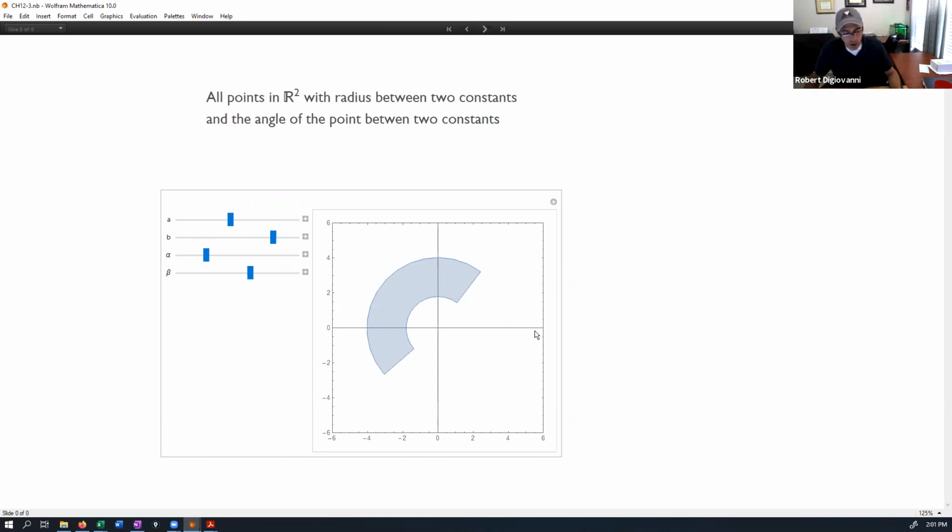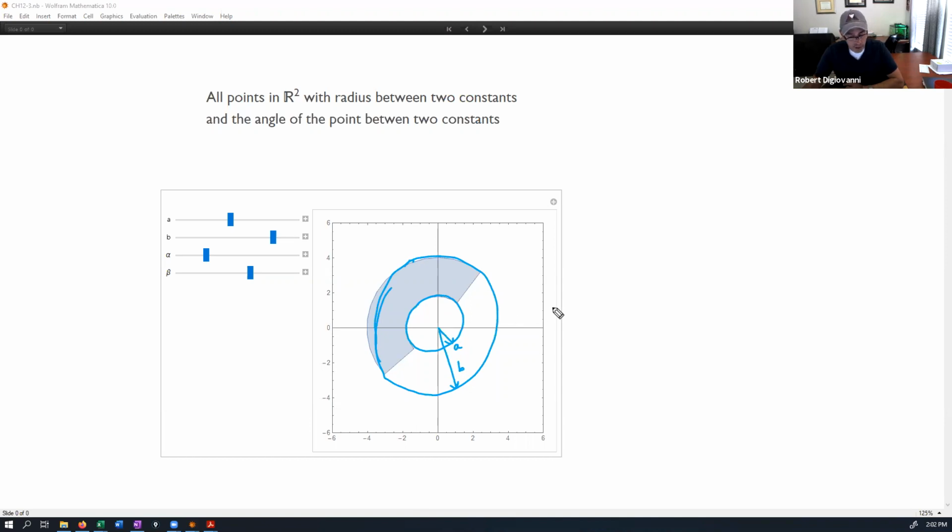Right now we're looking at all the points where the points are all stuck between two circles. Oh, sorry. So you have an inner radius, which I think we called A, is the distance from here to here. And then B is the distance from here to here. So far, all the points in this dark region, do you agree, have a radius between A and B?